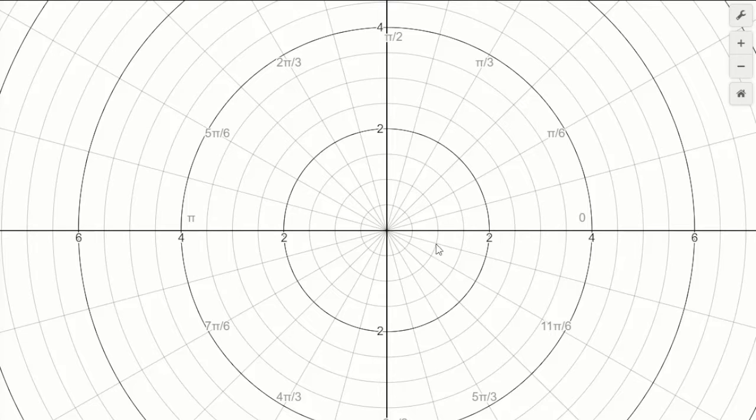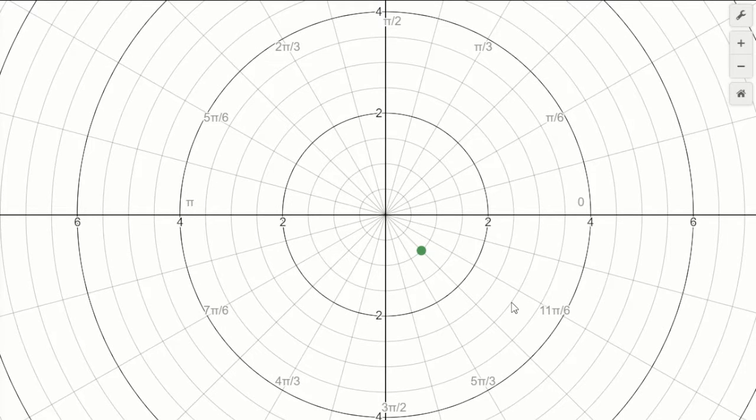So look for the angle first. In my personal experience, look for the angle first, and then from there we leave the pole by about that much radius. Now it's a positive 1 radius, so the point is expected to be here. Let me now put the actual points on. All right, now the point is there with the actual graph.